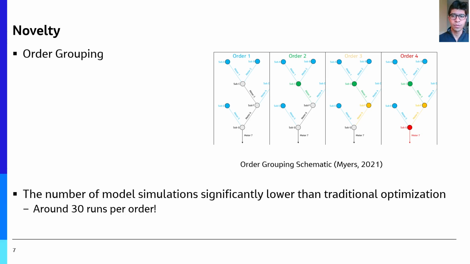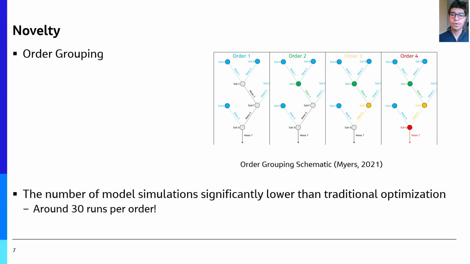So what we ended up using or suggesting here as another layer of efficacy or efficiency, if you will, was to order group, meaning that all the order 1 meters were optimized or calibrated simultaneously, and then all the order 2s, and then all the order 3s, independently.